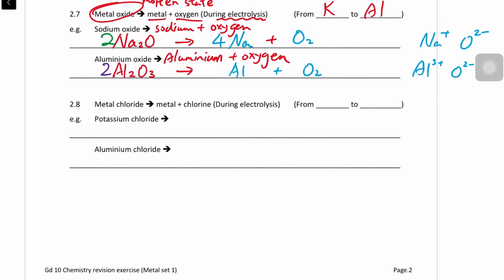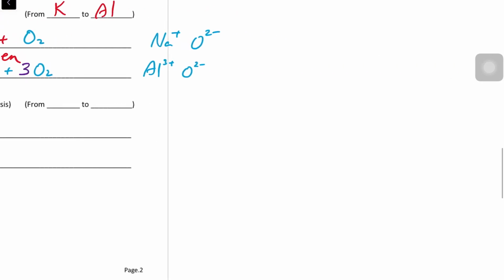And hence we got 3 O2, and 4 aluminium metal. Now, you should be careful. It should be 4 aluminium. This is correct, and never write something like this. This is not correct, because only molecules will be written like this.